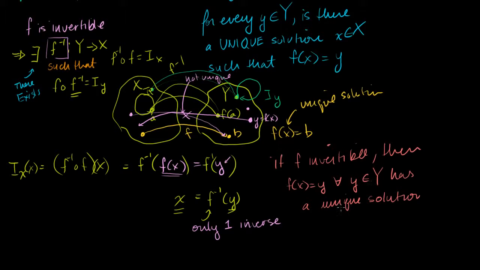And that unique solution, if you really care about it, is going to be the inverse function applied to y. It might seem like a bit of a no-brainer, but you can see you have to be a little bit precise about it in order to get to the point you want.